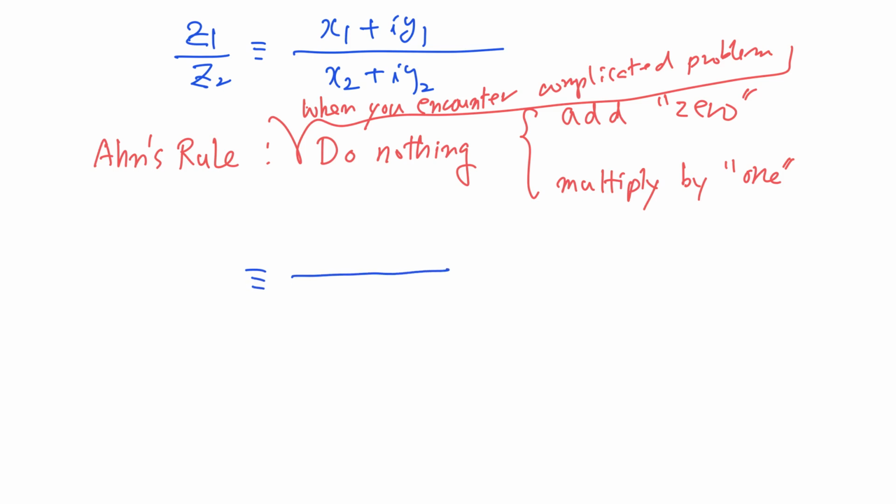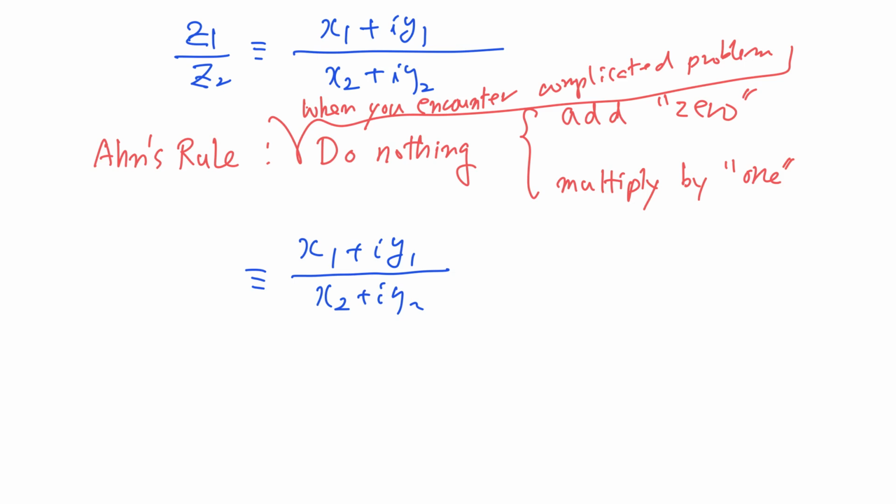Then in this case, what kind of do-nothingness can we do? Multiply by 1. So how do you multiply by 1? You multiply by something and divide by the same thing, the same as 1, right?